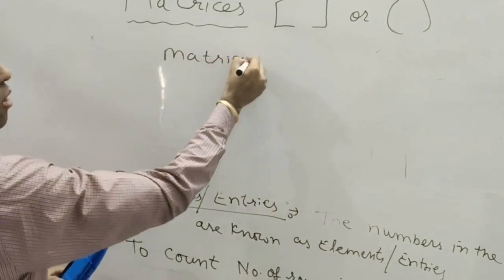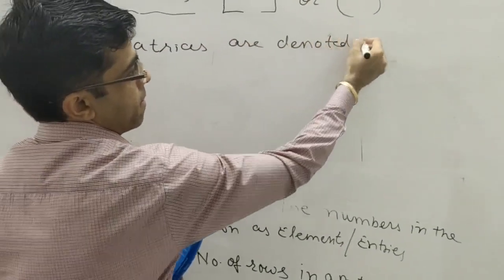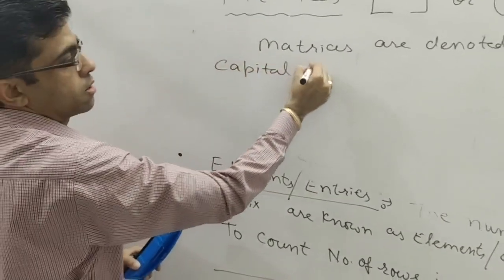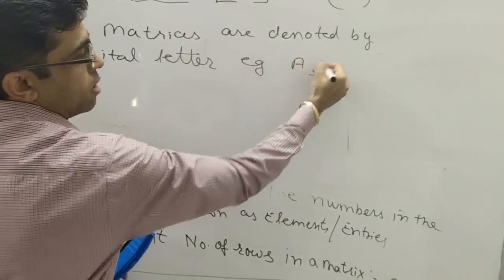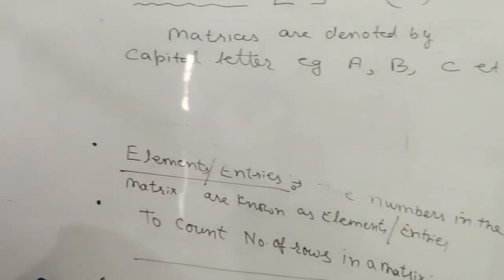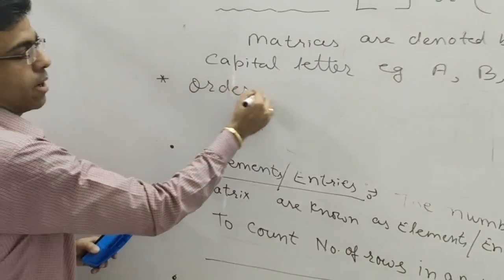Matrices are denoted by capital letters, for example A, B, C, etc.